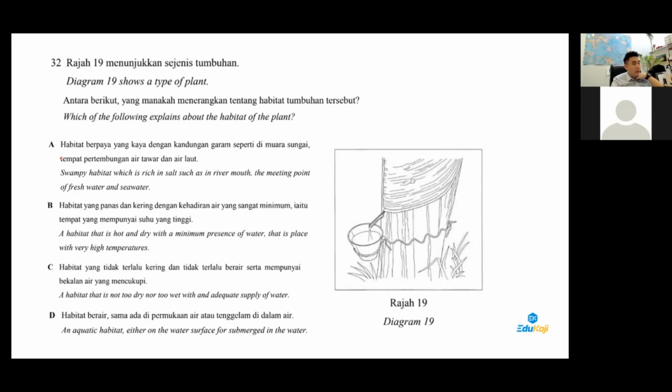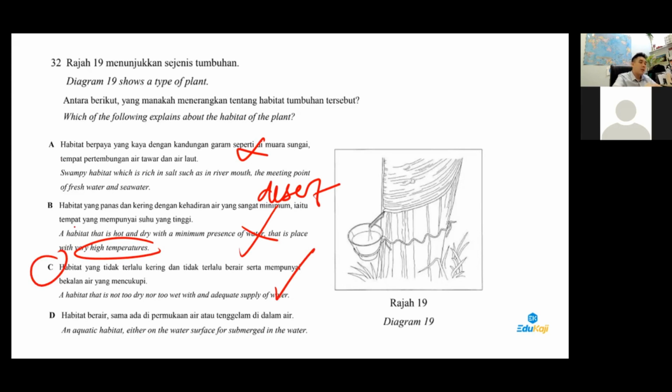So definitely A is wrong. Very high temperature? No lah, this is like desert. Not too dry, not too this one. This is explaining our equatorial weather lah. Guys, 32, you should get answer C.